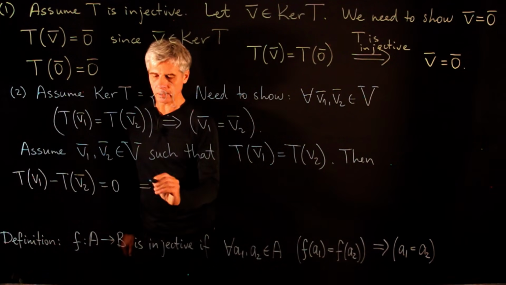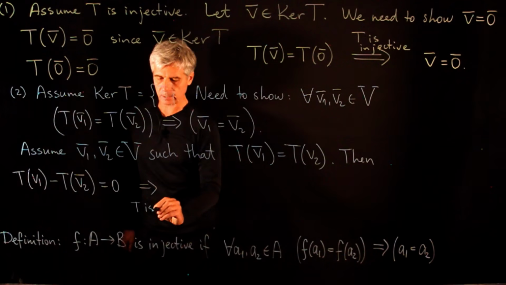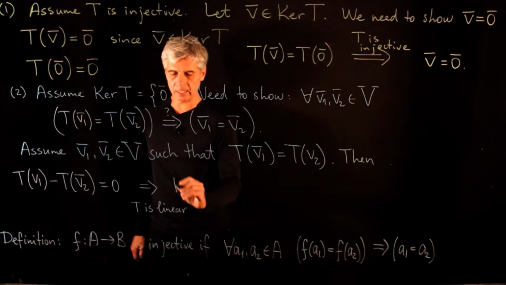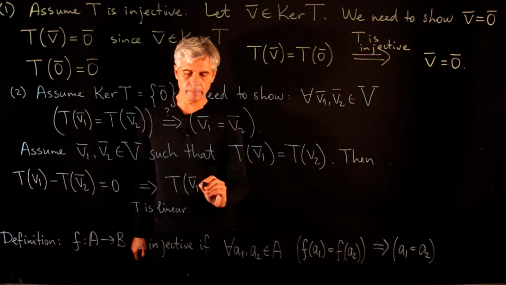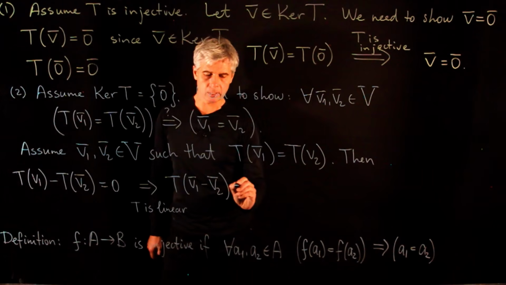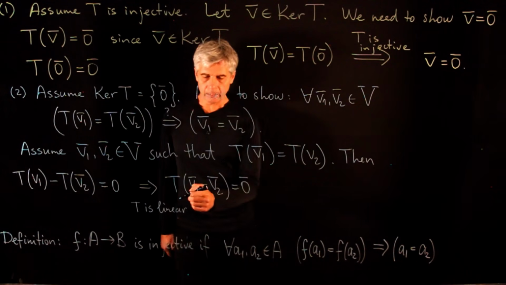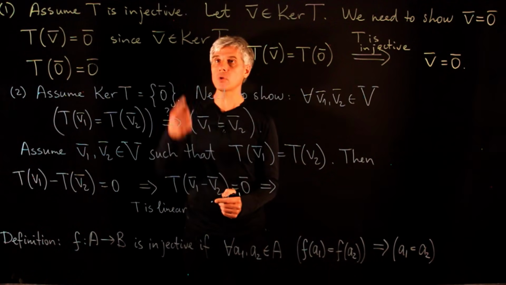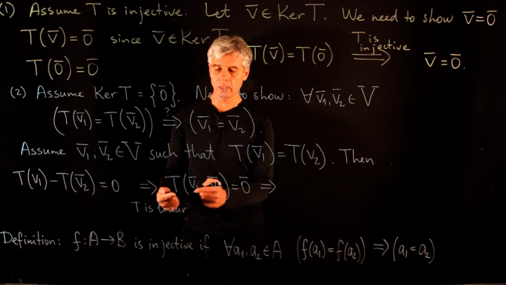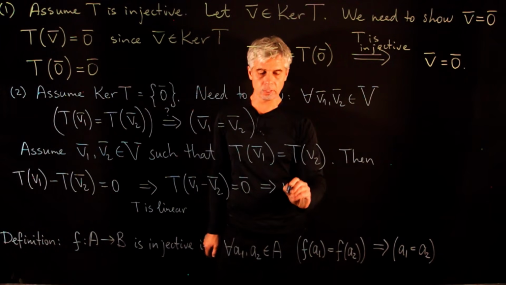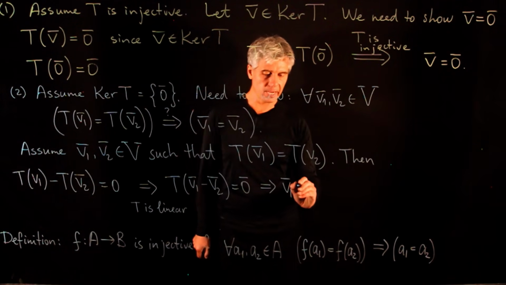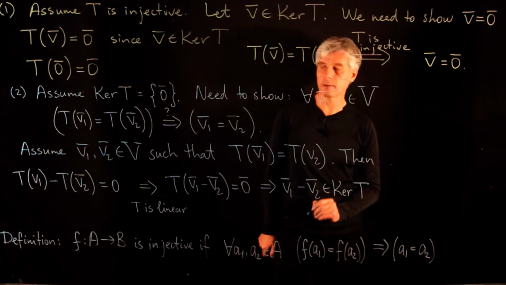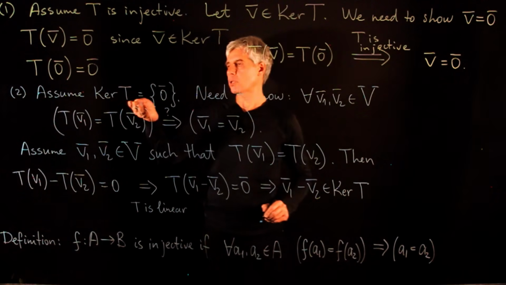But since T is linear, this tells us that T of V1 minus V2 is equal to 0. So that says that V1 minus V2 belongs to the kernel of T because it's sent by T to a zero vector. But what is our assumption about the kernel?